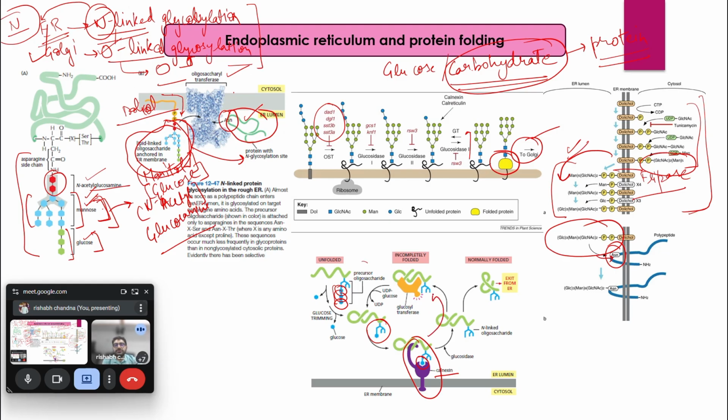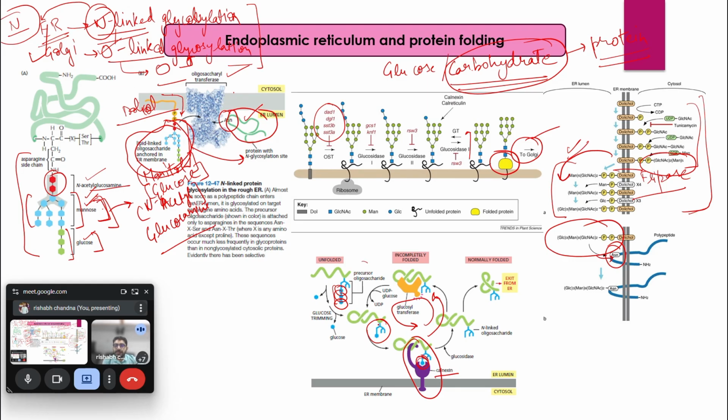If it is not trimmed properly, or the required number of glucose molecules are still there, it sends the protein back to have it trimmed and folded. Here the other chaperones come into play, and that helps in proper folding of this particular protein.